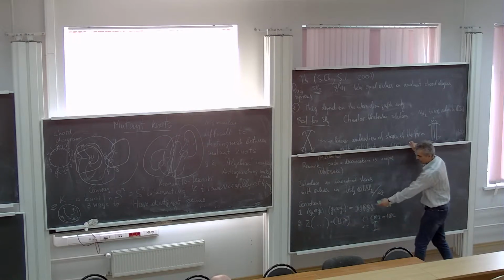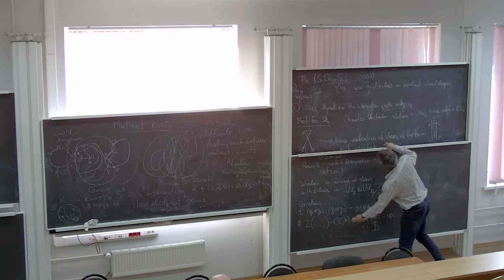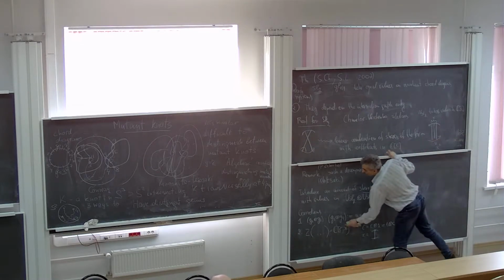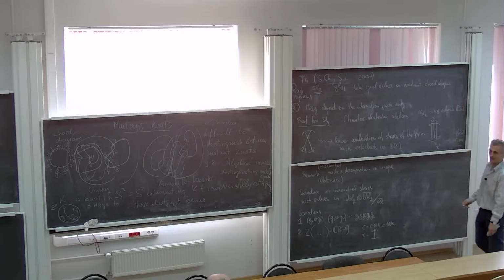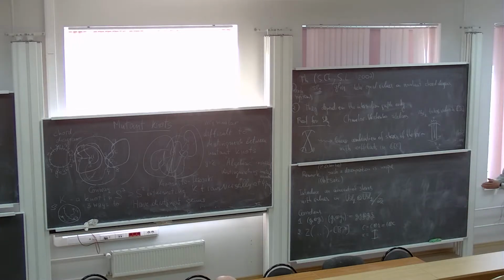So each element has a unique representation as a linear combination of monomials in X with coefficients polynomials in C. So now it's over. Okay, thanks. Are there any questions, comments?